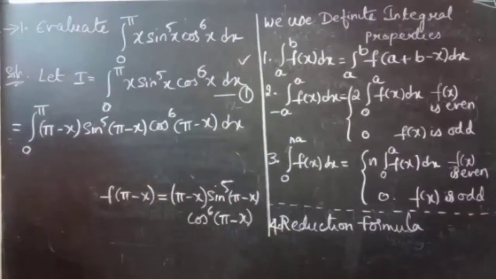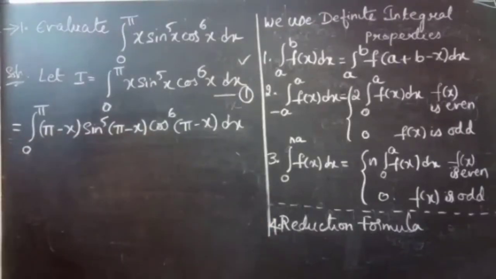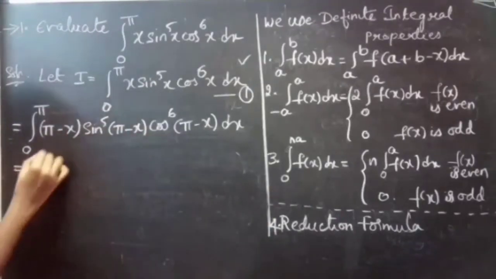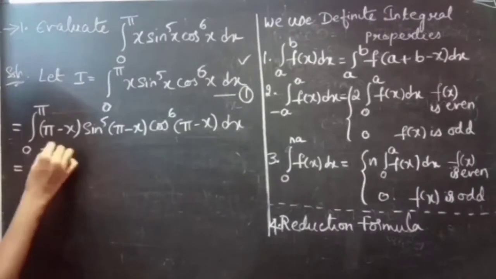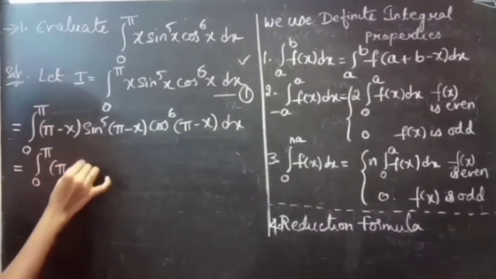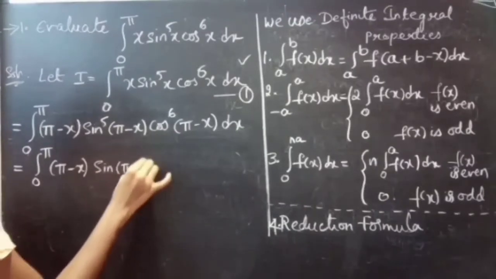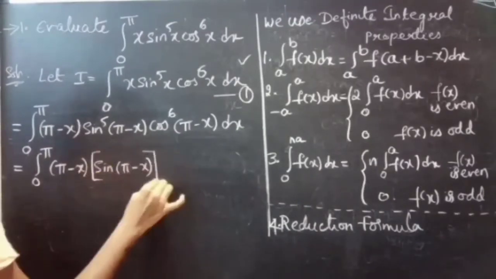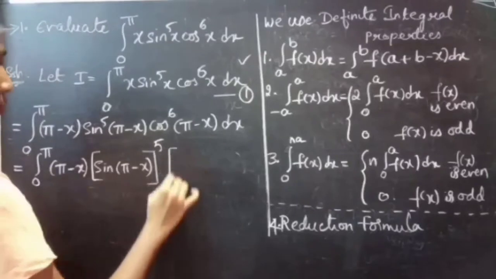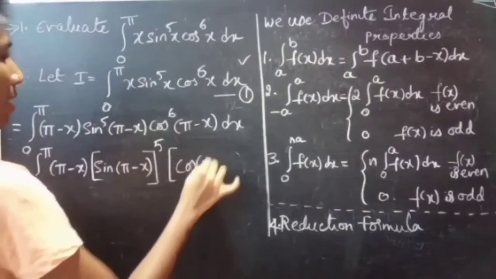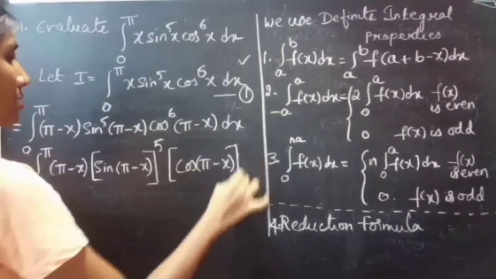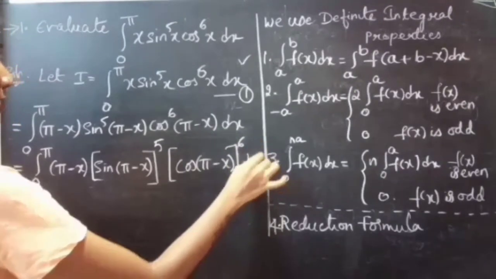This can also be written as integral 0 to pi, pi minus x into sine of pi minus x whole power 5 into cos of pi minus x whole power 6 into dx.